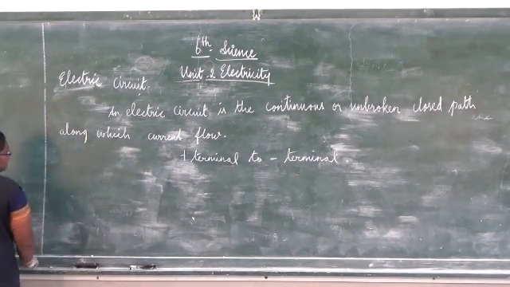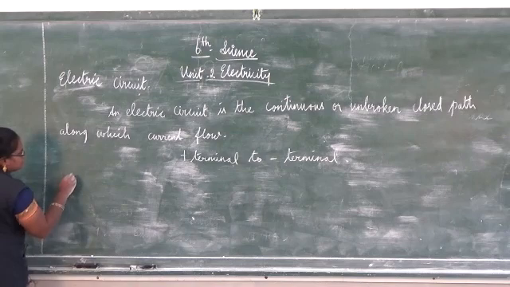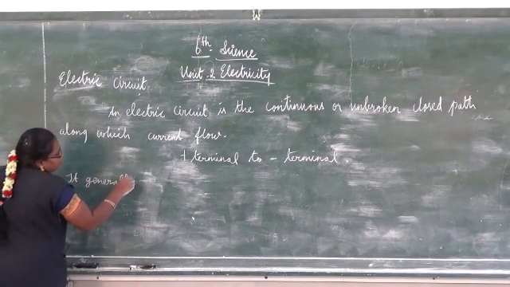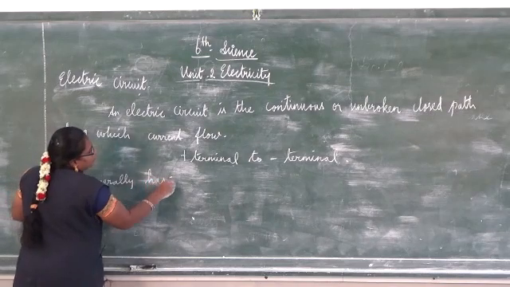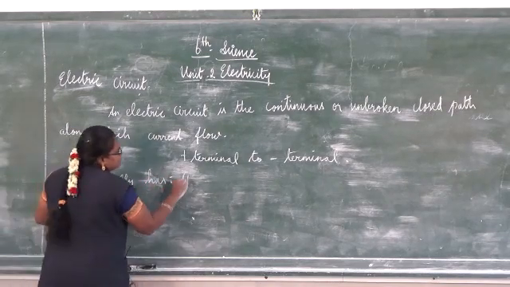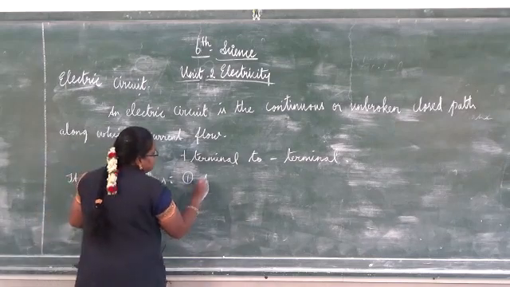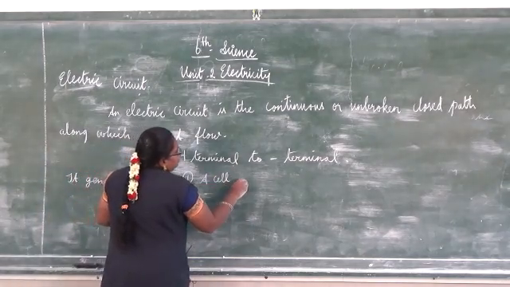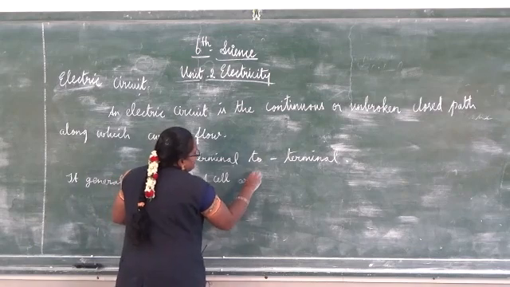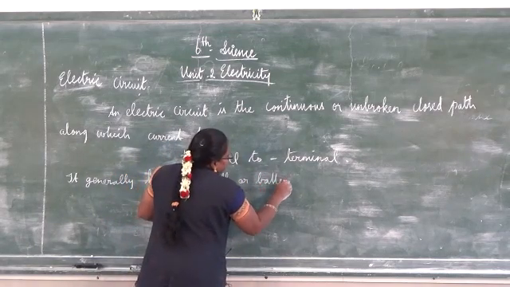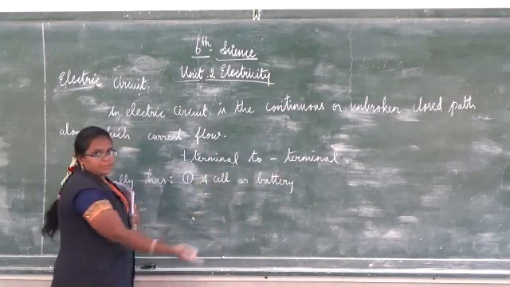This electric circuit generally has four things. First one, it should have a cell or battery.